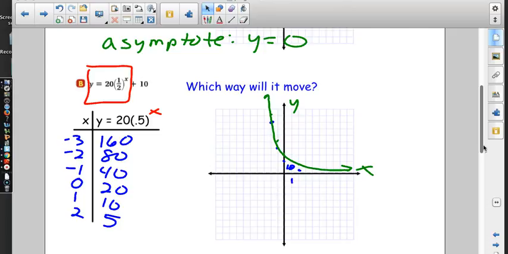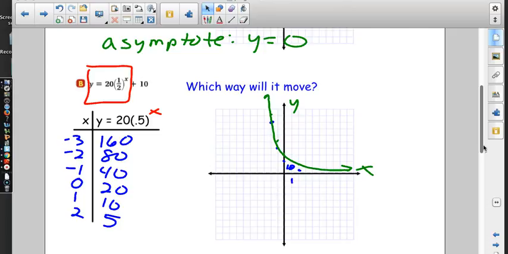Talk to your partner. Asymptote. So it never comes over. We get a new asymptote with this one?